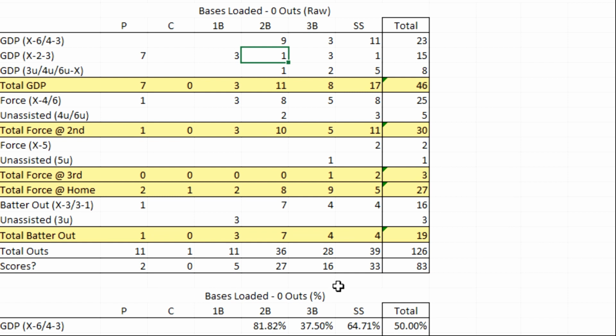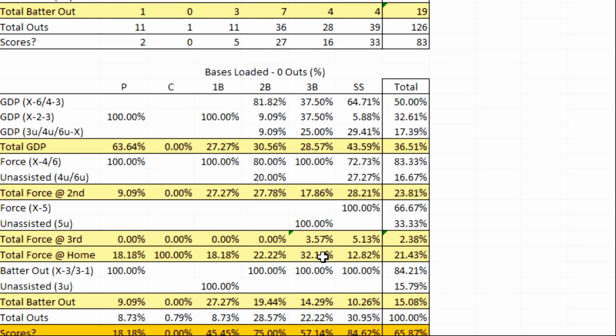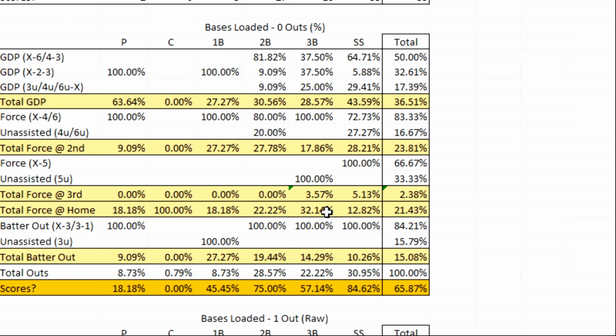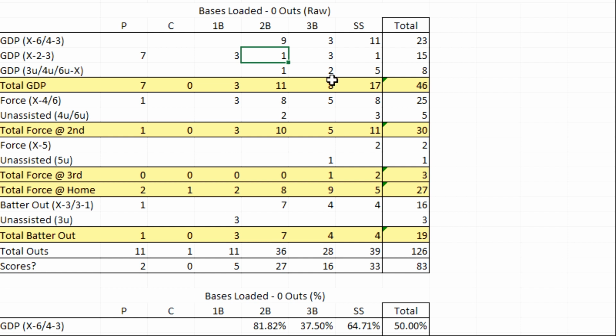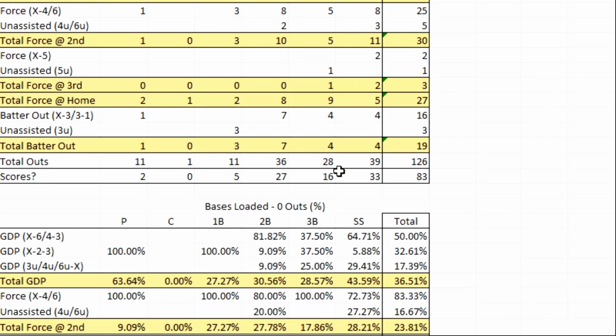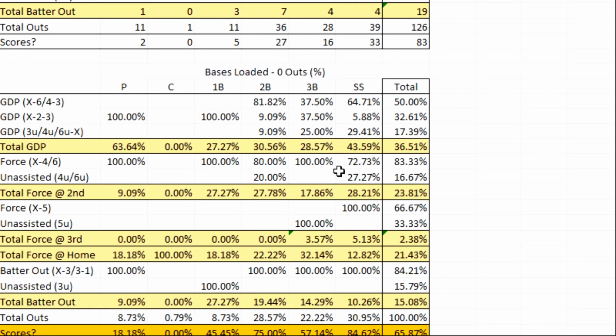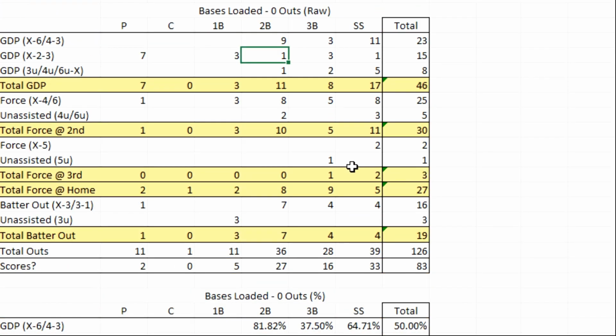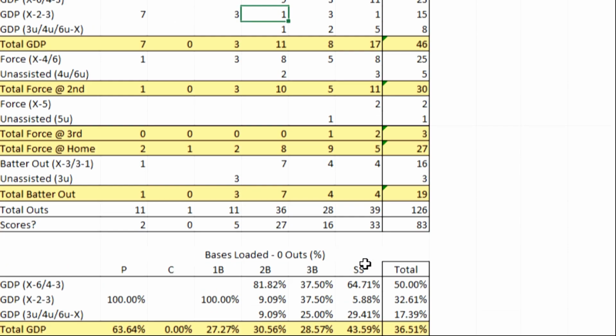Third base, 28 plays to third, and force at home about a third of the time, which we would expect. Double plays to home are only a couple times, 3 times. So that's not too surprising. And then short, 39 plays to short.